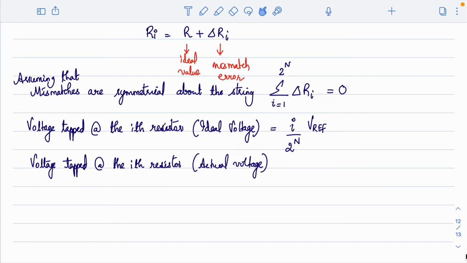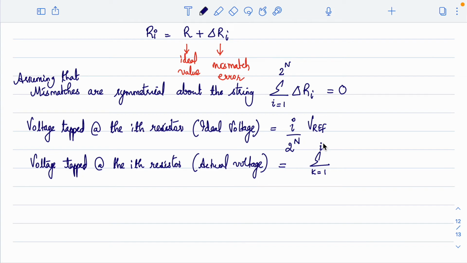Yeah. So now looking at this, with mismatch, the actual value of the ith voltage can be written as the sum of all the resistances up to that ith node divided by the sum of all the resistors in the string, right? So when I write the actual voltage, in place of i, I will write it as summation of k, where k varies from 1 to i, because what I am writing is the voltage tapped at the ith resistor.